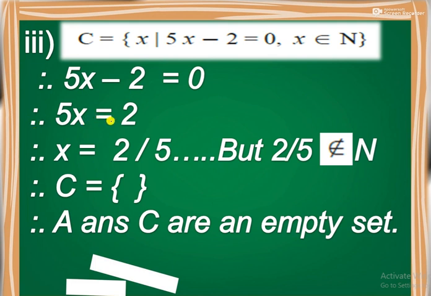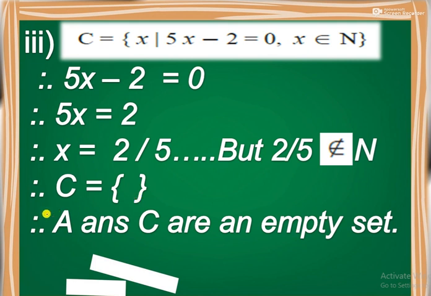Therefore, 5x is equal to 2. Therefore, x is equal to 2 upon 5. But 2 upon 5 does not belong to natural numbers because it's a fraction. That's why it's a rational number. Yes or no? Rational numbers do not belong to natural numbers. That's why we can say C is an empty set.